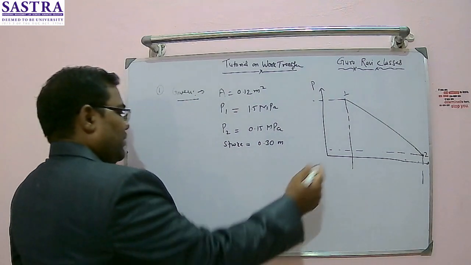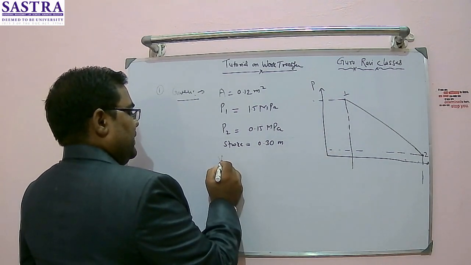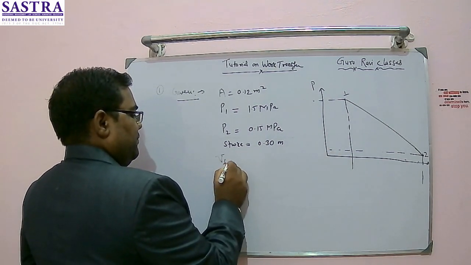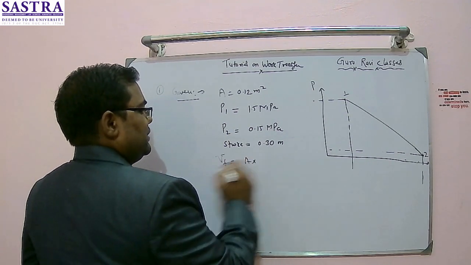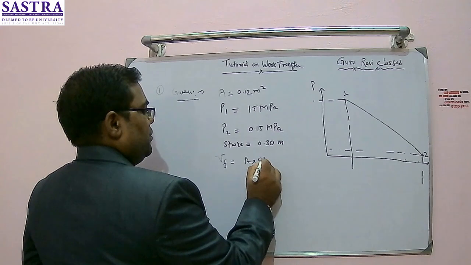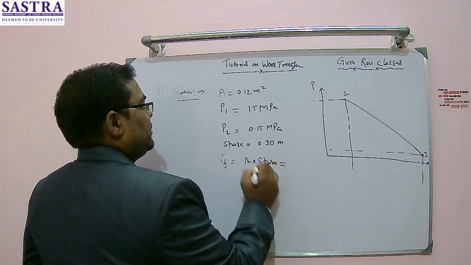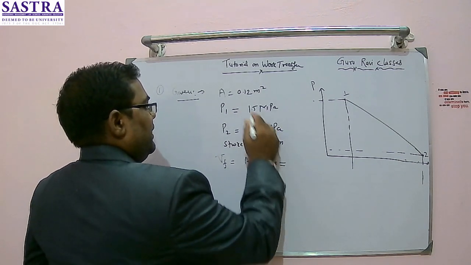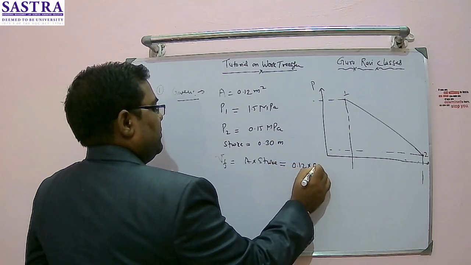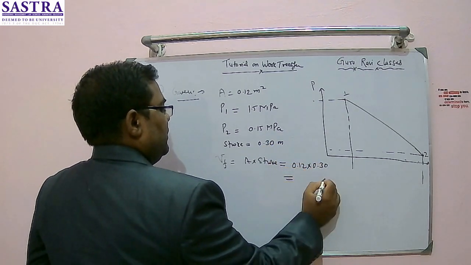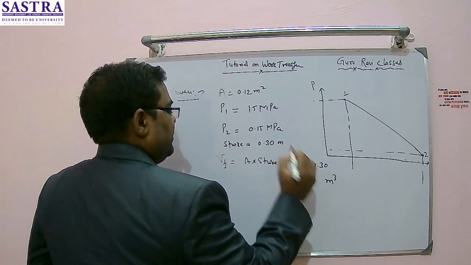The displacement volume, or swept volume, is the final volume V2, which is area into stroke length. The area is 0.12 and the stroke is 0.30; just multiply and you get the value in meter cube.